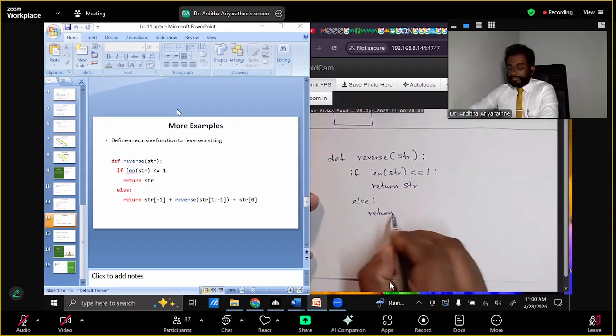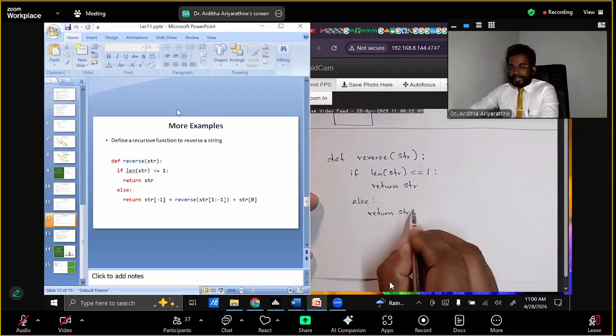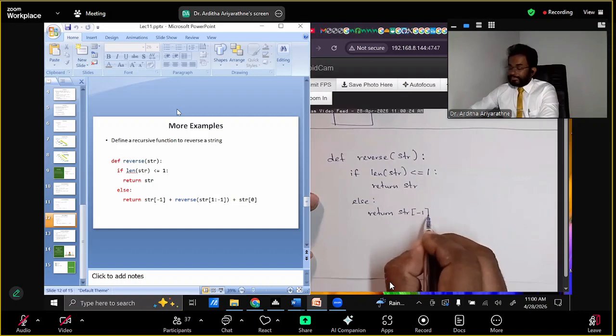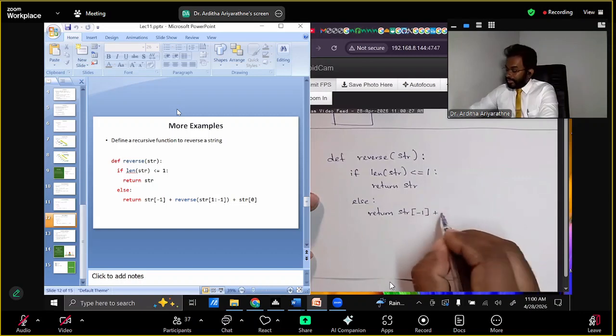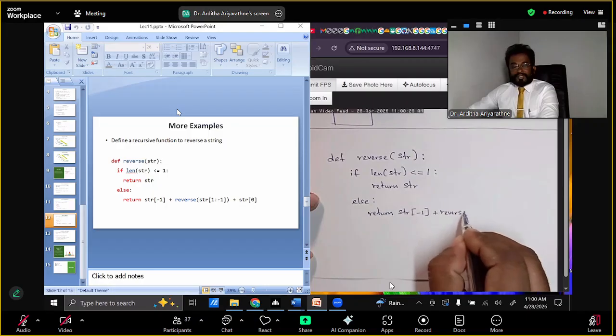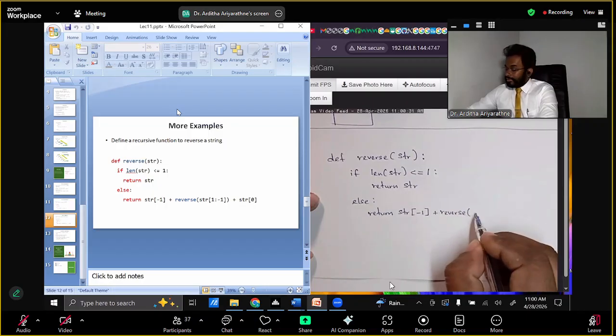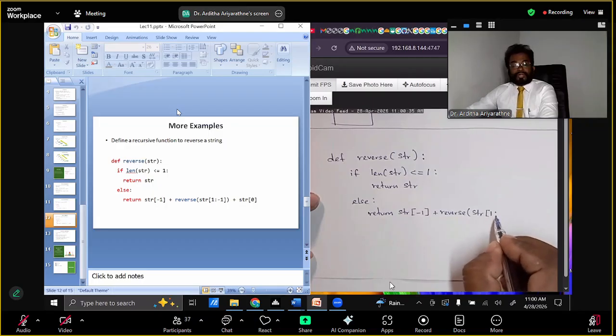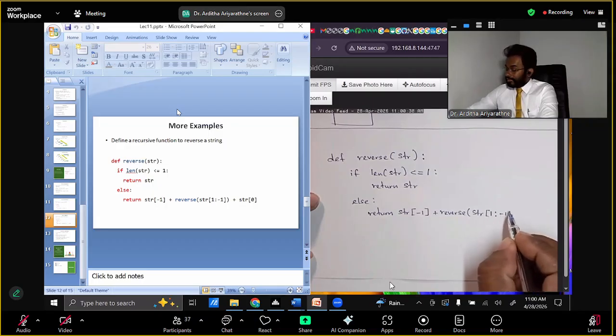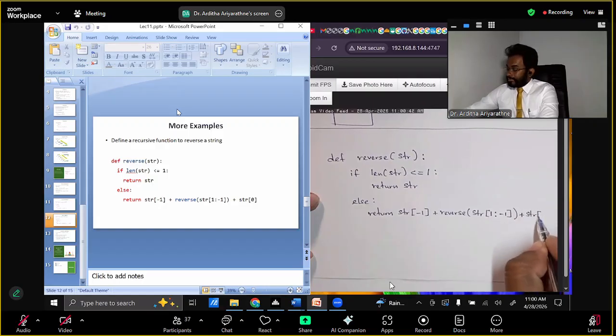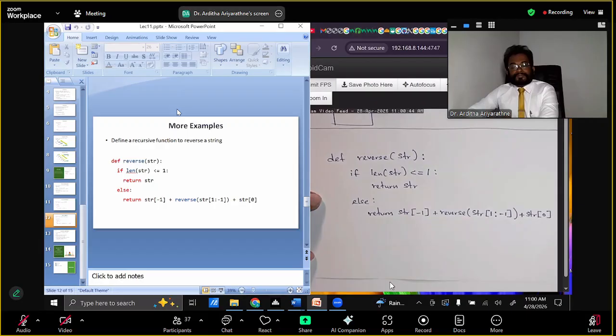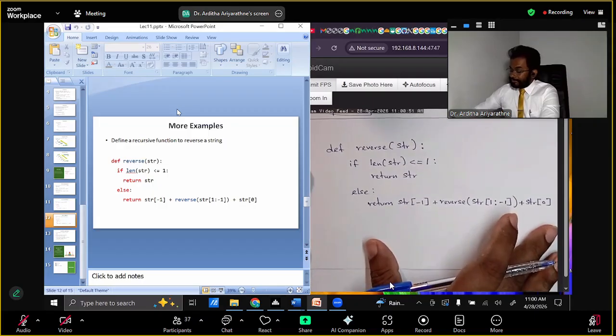We are returning str[-1] plus we are calling the same function reverse with str[1:-1] plus str[0] index. Right. Now let's see.